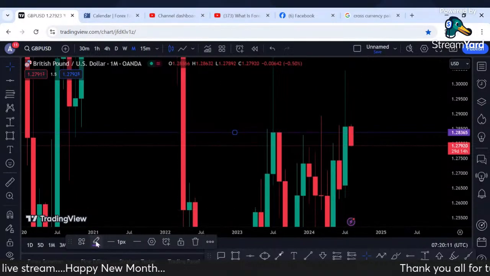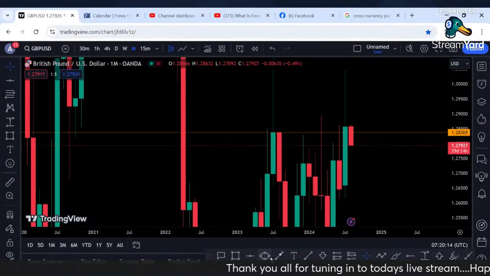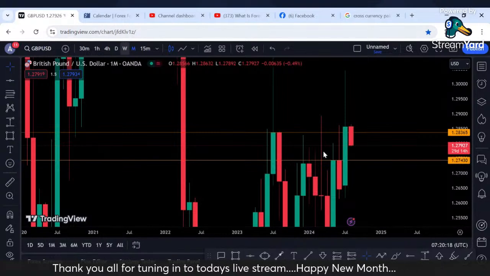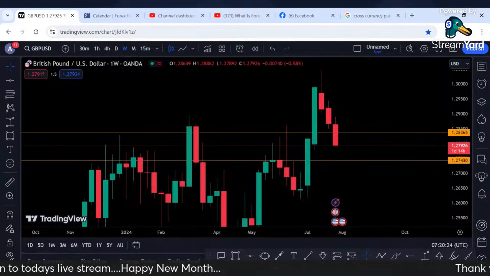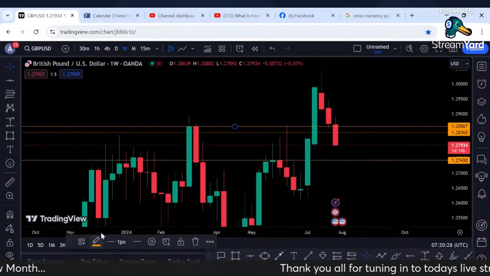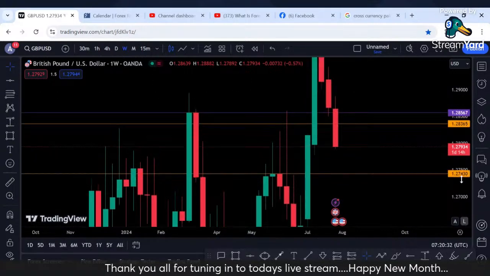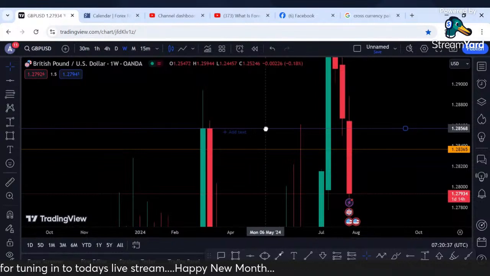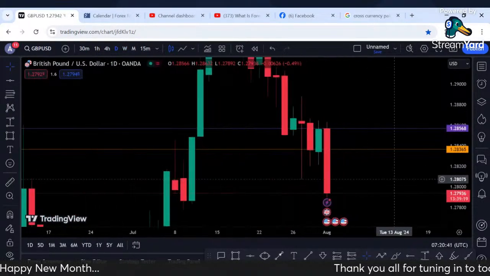So on the monthly time frame, there were key areas over there. When you move to the weekly time frame, there was a rejection over here, and there was a rejection over there.